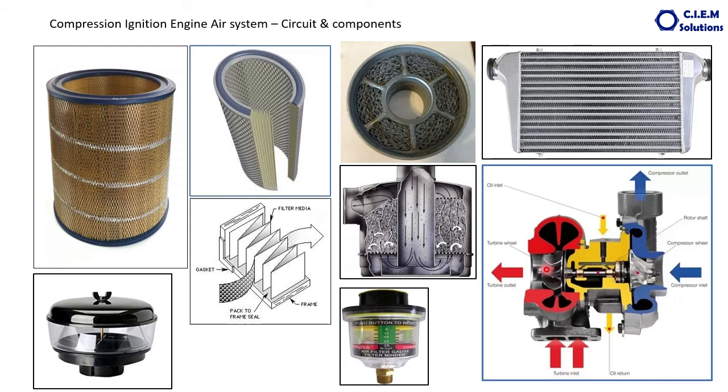The wheel connected at the exhaust end is called the turbine wheel. The wheel connected at the inlet side is called the compressor wheel. These are supported in a bearing in a housing, and there is a lubrication passage. What happens when the exhaust gases come out of the combustion chamber from the cylinder?